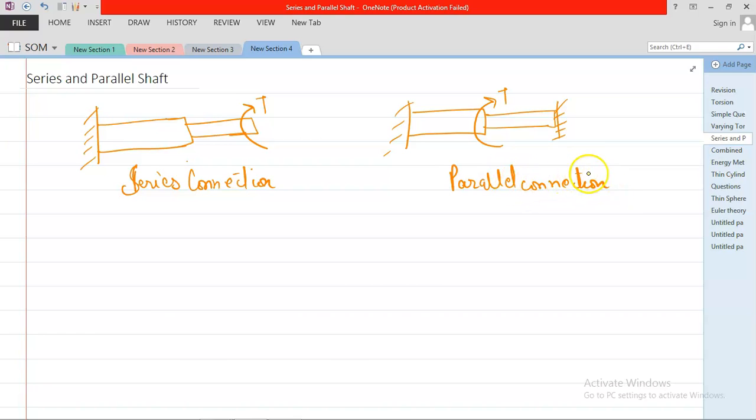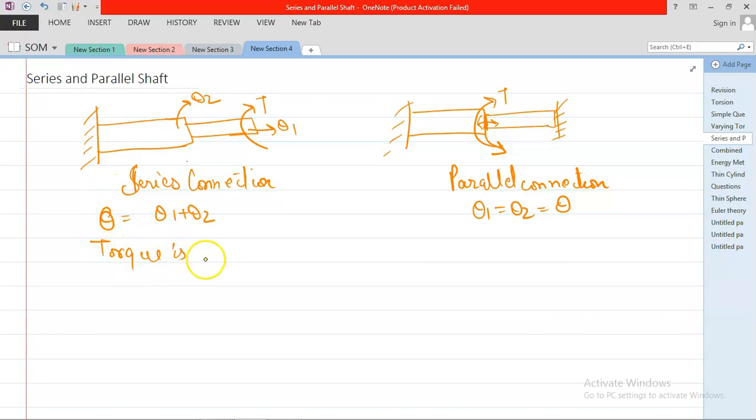Okay, so in series connection, suppose you deform this body by theta 1 and you deform this body by theta 2. So total deformation theta is equal to theta 1 plus theta 2. But in the parallel connection you join it together, so both angle of twist should be equal. So theta 1 should be equal to theta 2, that is theta.